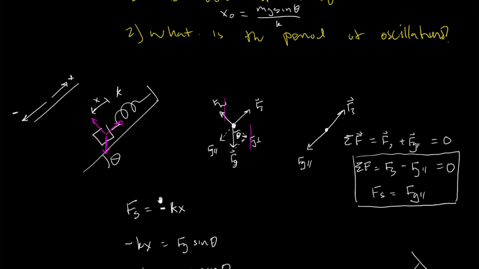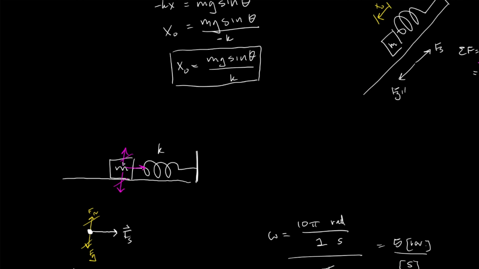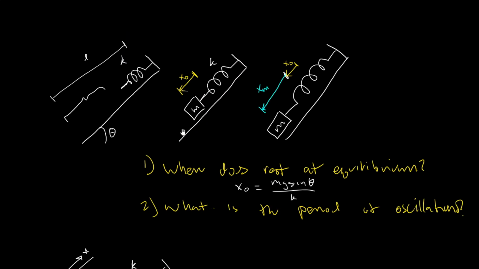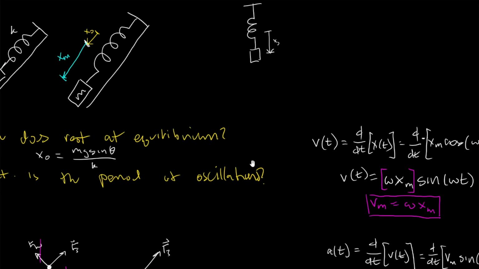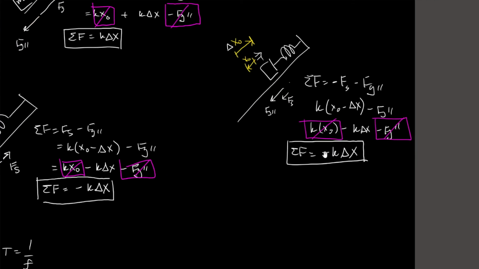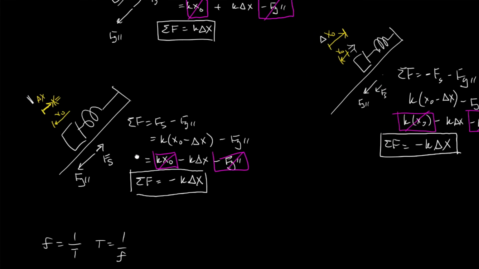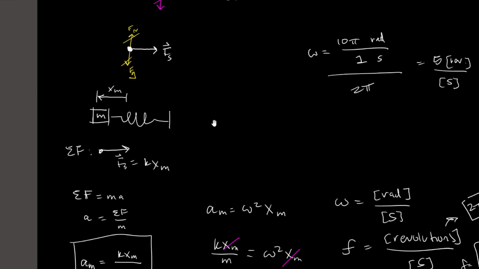So if it's not on a slope, the equilibrium stays here. We slope it a little bit, the equilibrium moves. And we could even put it on a vertical spring, and the equilibrium would just move even more. And then the rest stays completely the same. So net force is still equal to k delta x.